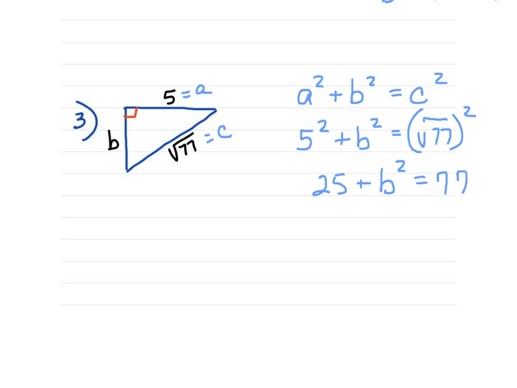When we subtract 25 from both sides, we can see that B squared is equal to 52. And then we can go ahead and find the square root of both sides. So that B equals 7.21 when rounded to the hundredths place.